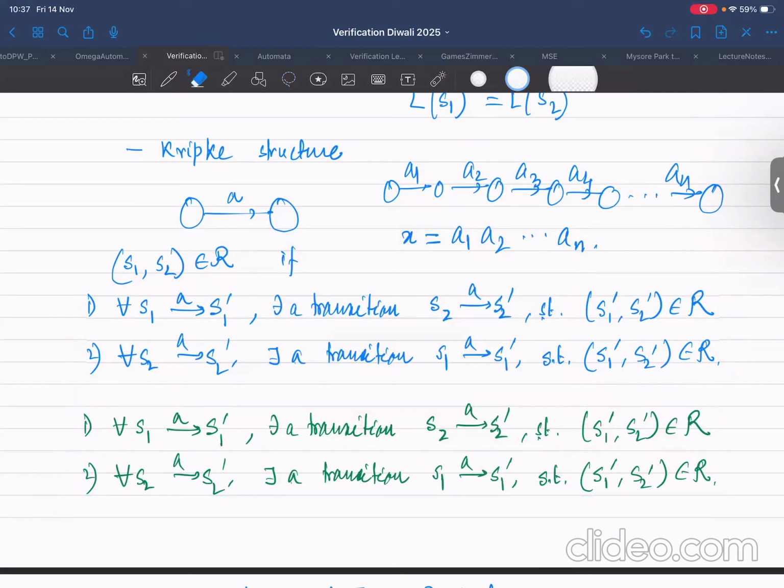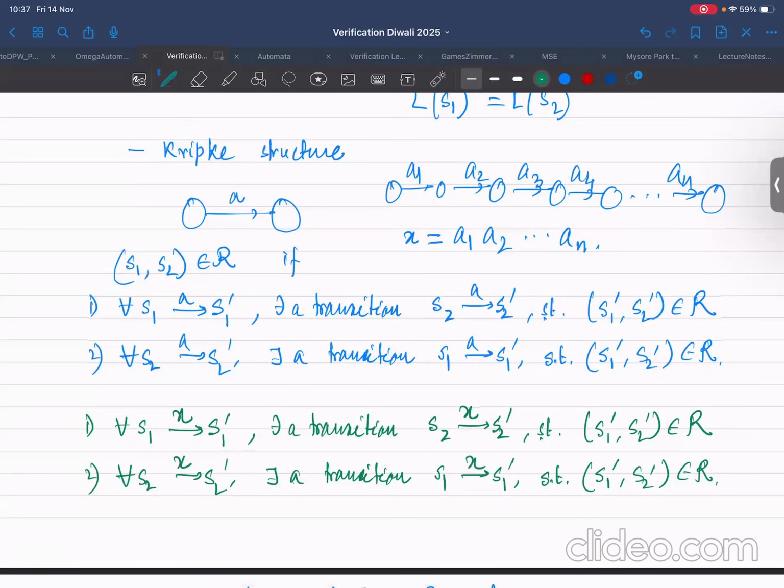Here I talk about such a sequence X, which is a string, and hence it's also called a string bisimulation, which is the same as the path bisimulation we are talking about here. Any question? No, sir. Okay, good.